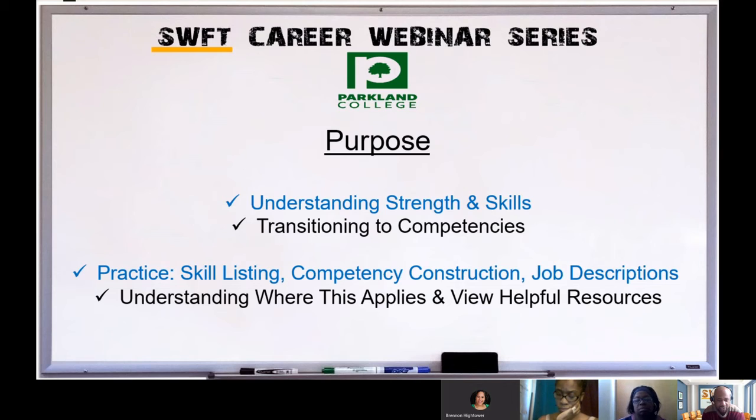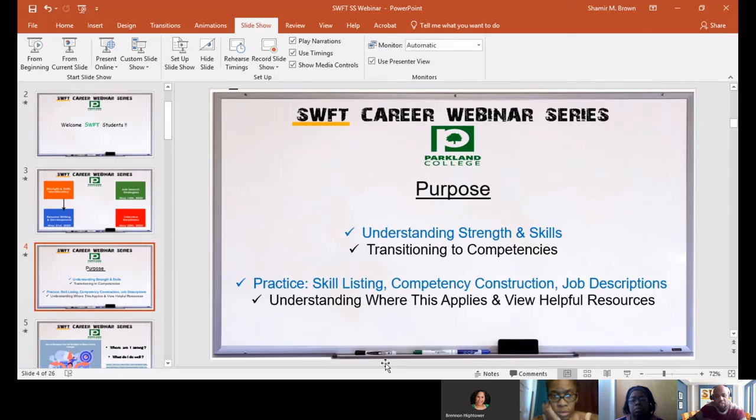We're going to have some practice exercises where we list skills, construct some competencies, and put together a job description and reword it from the way we originally might state it, and then look at a better way that we could word it on paper. Then we're going to develop a better understanding of how all of this applies and take a look at some helpful resources that may be of use to you.